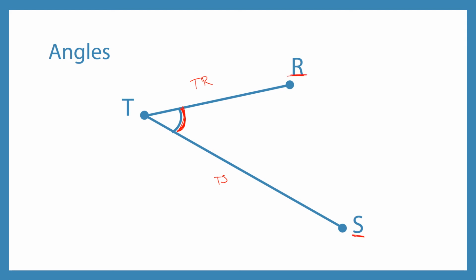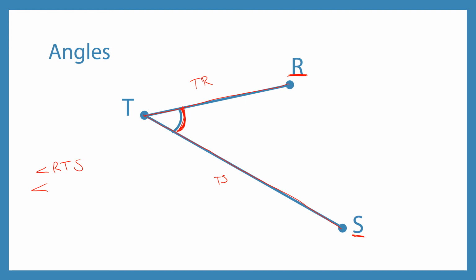So we're going to choose R. Now, we begin by drawing this little symbol. Now you can see it looks like an angle, and that's why we draw it. It's an angle. Then we write our outside letter, so R. We follow this line until we hit the next letter, which is our T, and then we continue along and we get to our S. So it becomes angle RTS. That's the best way to write this.